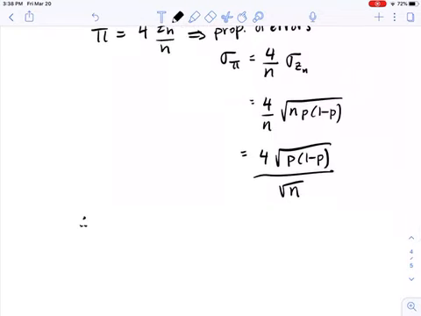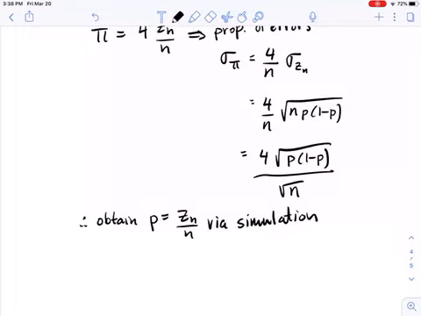So therefore, p is just something we're going to measure through simulation. So we obtain p equals Zn over n via simulation. So that's just a number. And then the uncertainty in pi is proportional to 1 over root n.